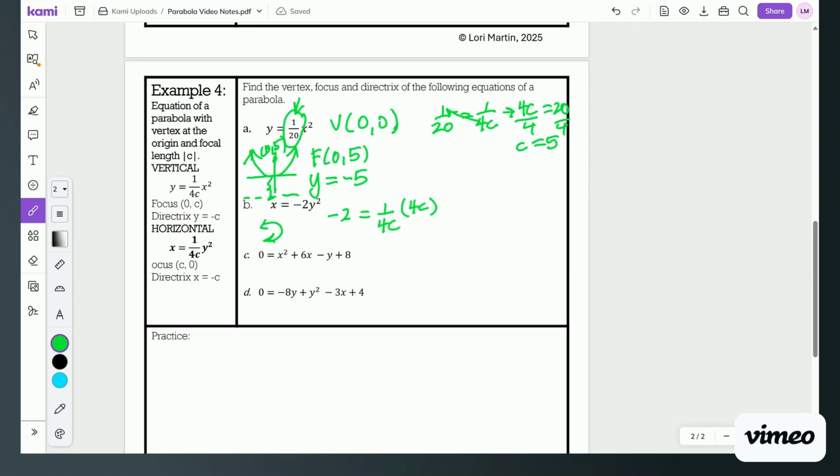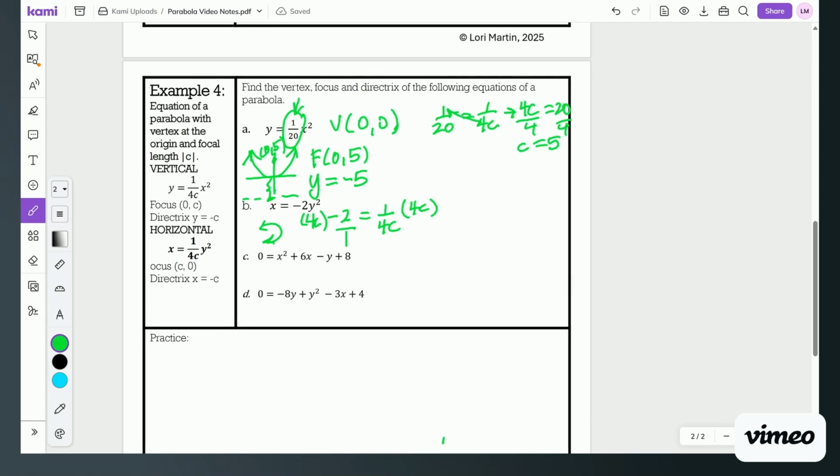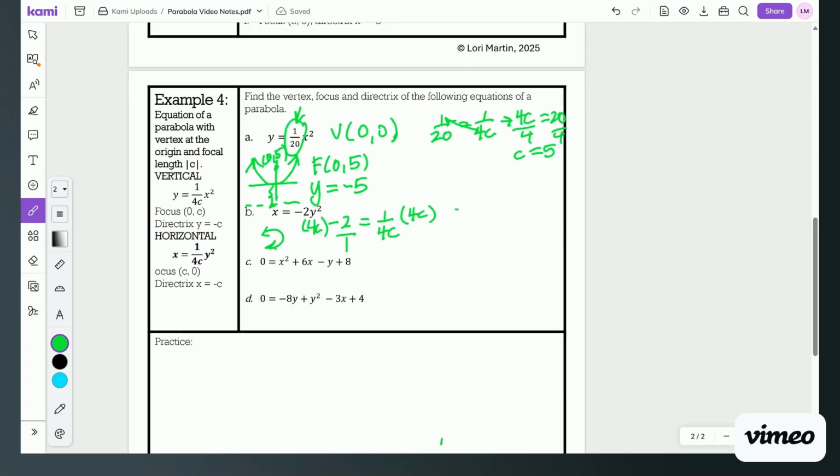You can definitely cross multiply, which is the same thing as multiplying both sides by 4c. If I put a 1 under here, cross multiplying would just give me 1. So I have negative 8c equals 1. Divide by negative 8. So C is negative 1/8.